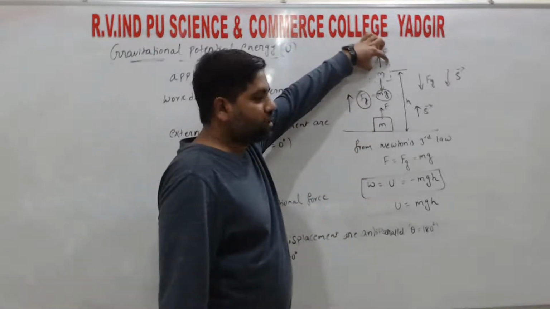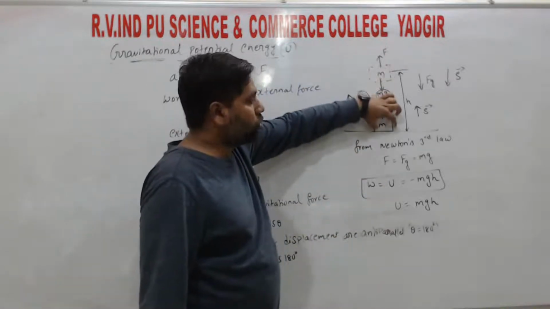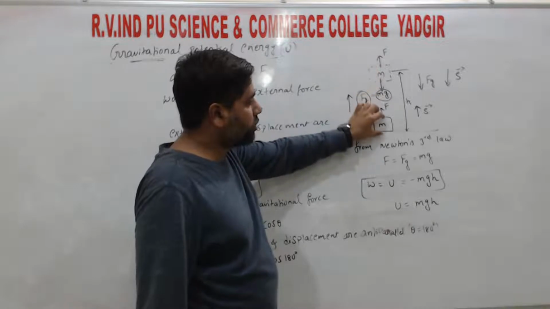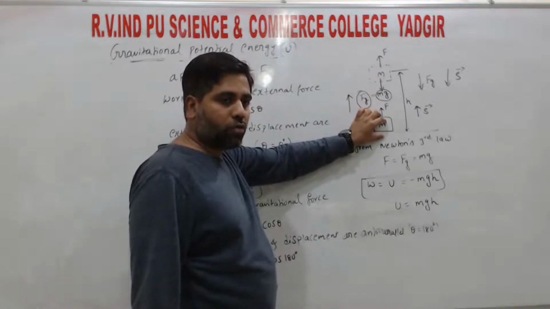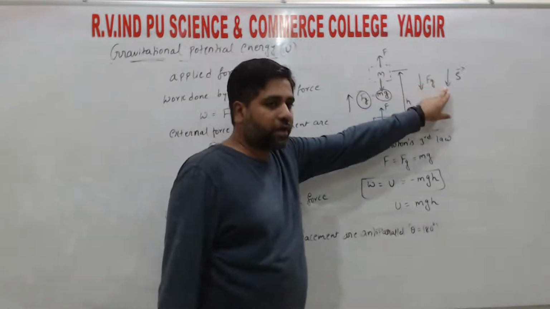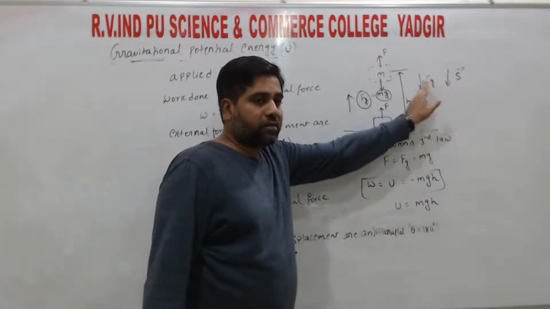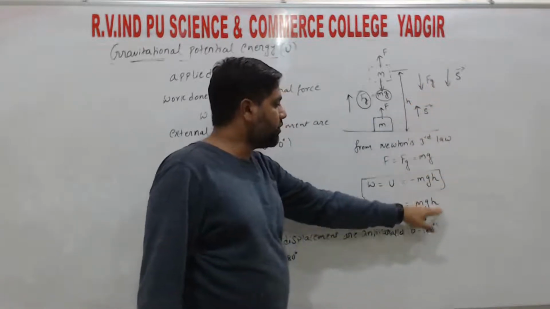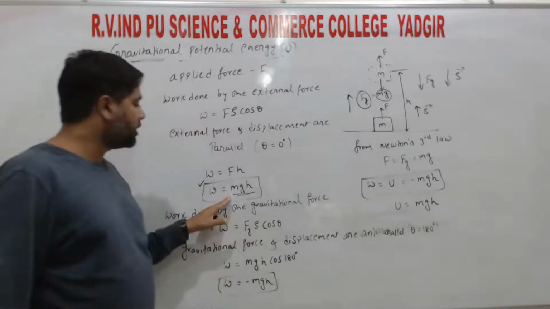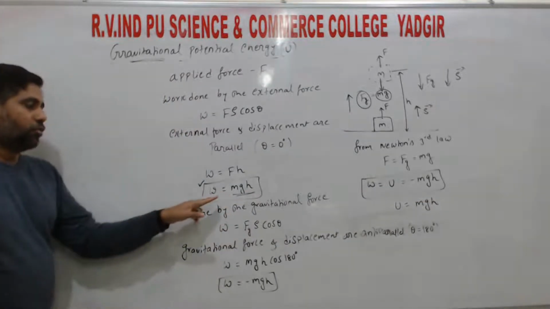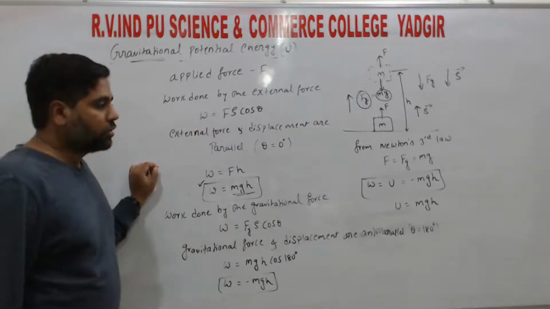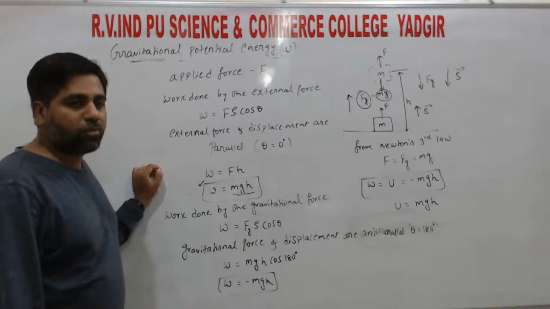When we take this object from upward to downward, the force and displacement are in the same direction. Then the theta value becomes 0. So again we are getting the energy U equal to mgh, right? So that we call gravitational potential energy.